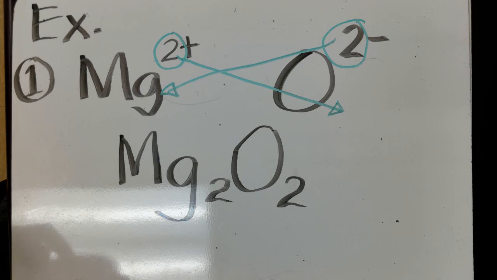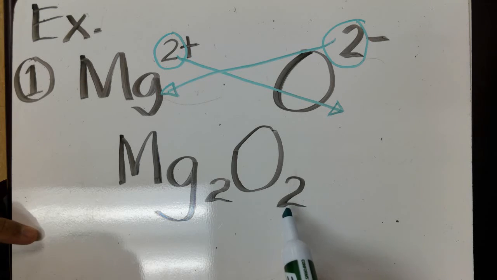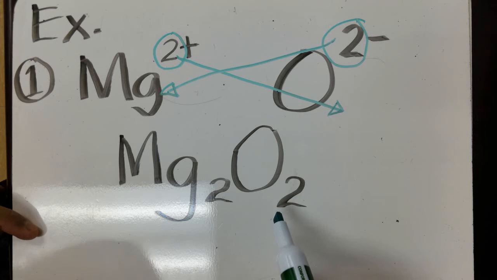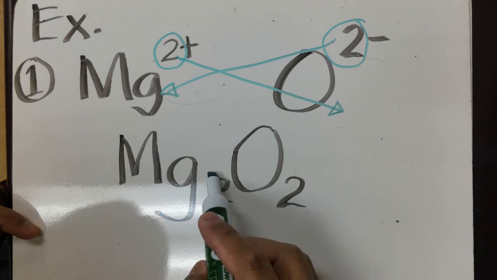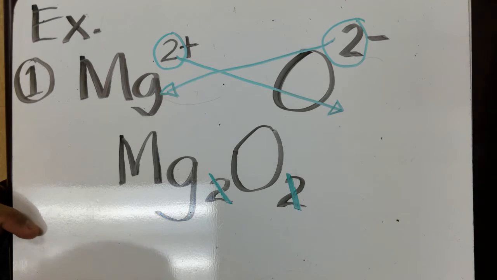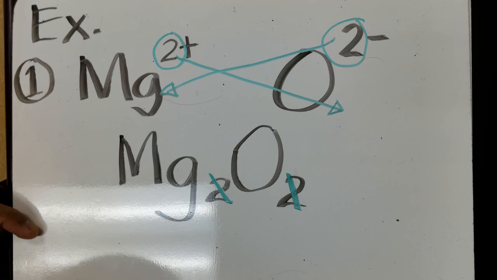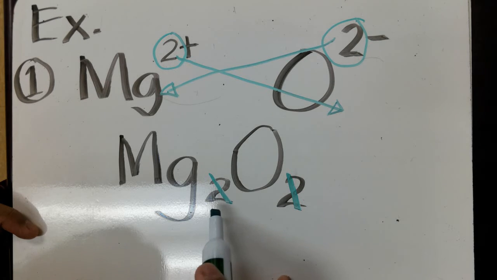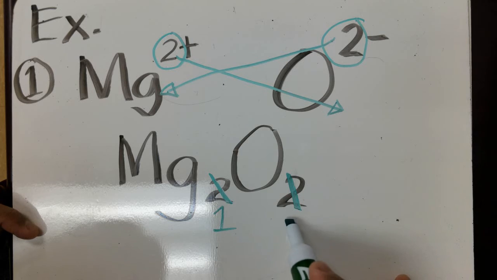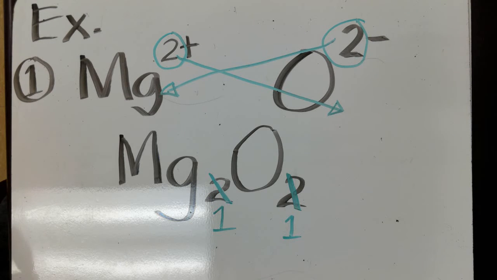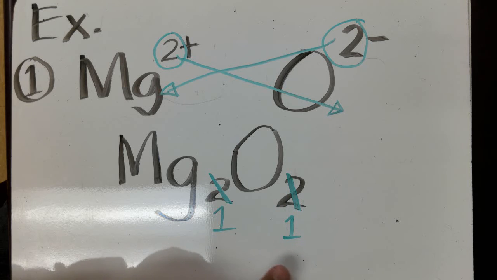So basically, if the number is the same, 2 and 2, that's going to be reduced to what? Reduction in math. When we simplify, that will be reduced to 1, right? 2 and 2 are both divisible by 2. So by reducing it or simplifying it, the 2 and the 2 can be reduced to a 1.